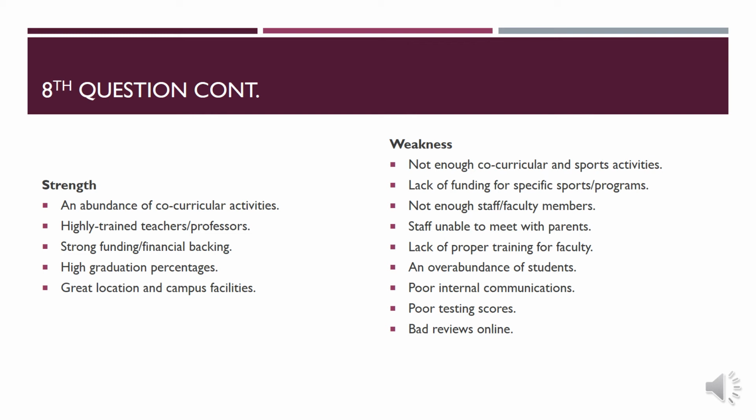Coming to the weaknesses: not enough co-curricular and sports activities, lack of funding for specific sports or programs, not enough staff and faculty members, staff unable to meet with parents, lack of proper training for faculty, an overabundance of students, poor internal communication, poor testing scores, bad reviews online.